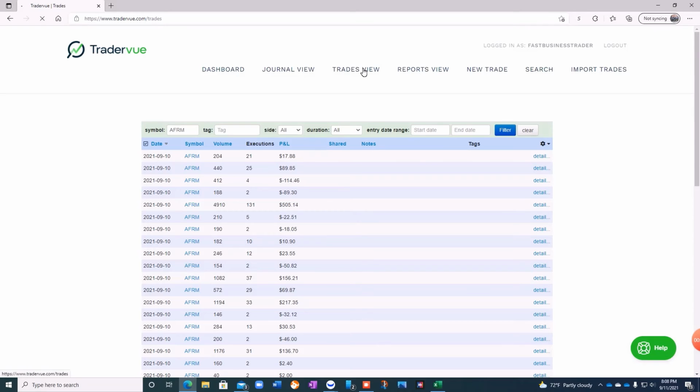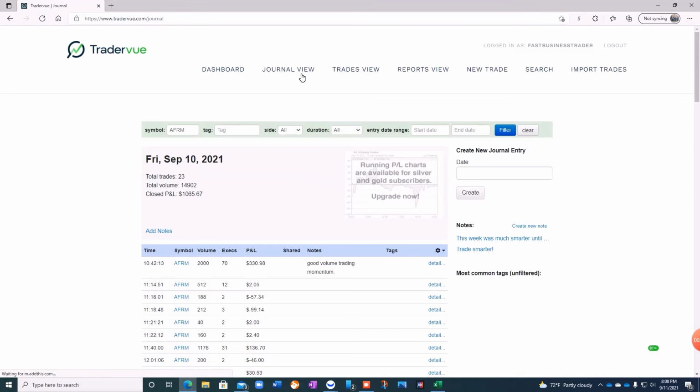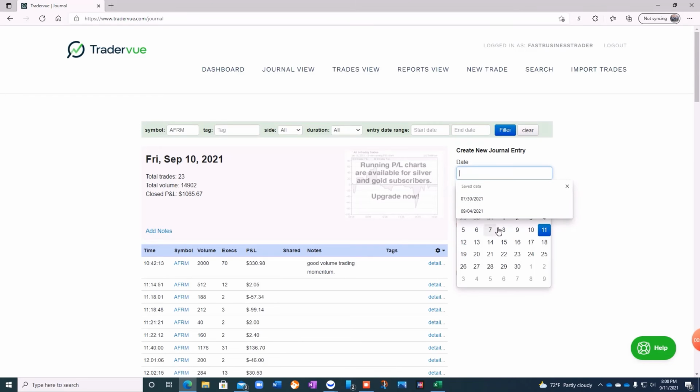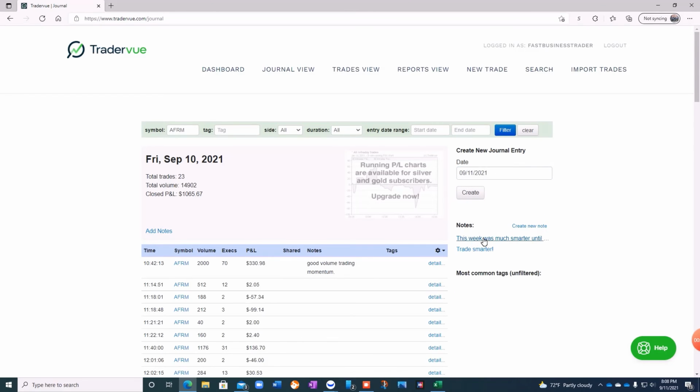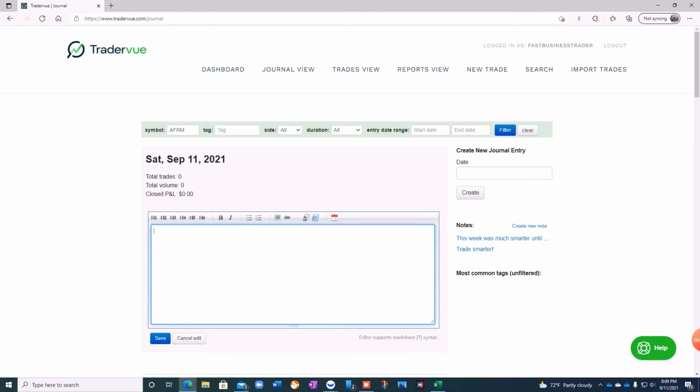So let's see, journal. This week's entry for me is going to be, I need to create new notes, add notes. Great work throughout the week.